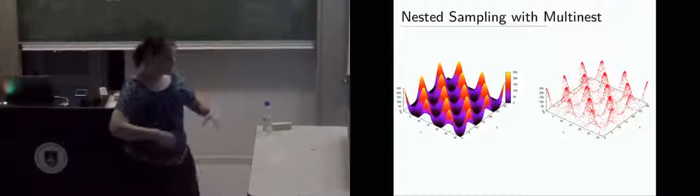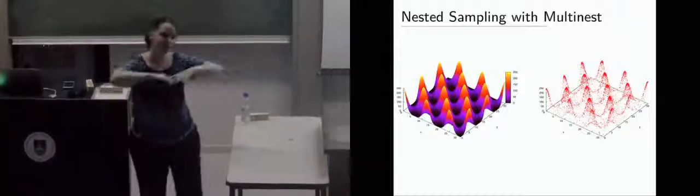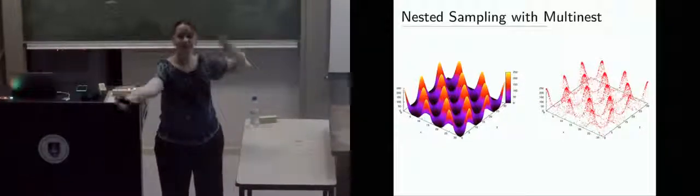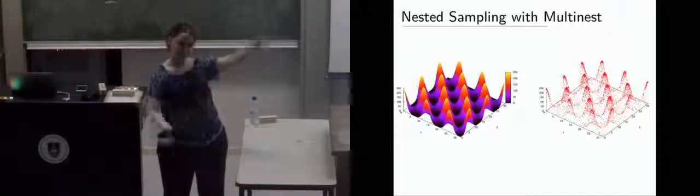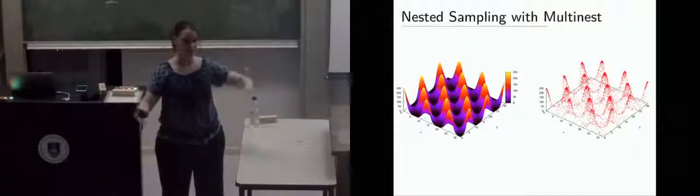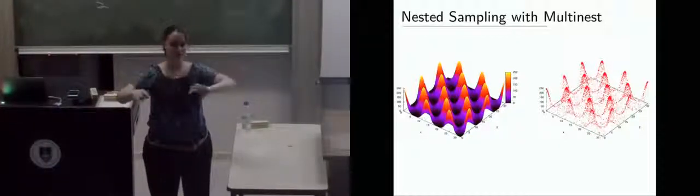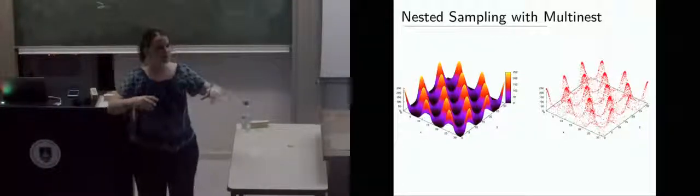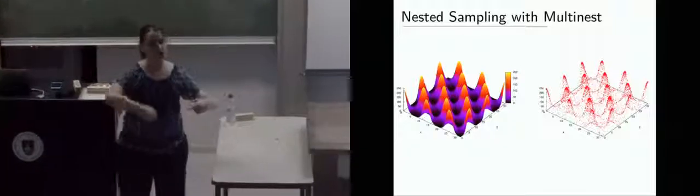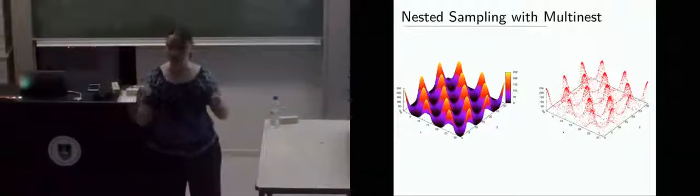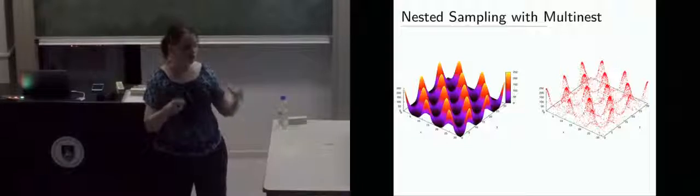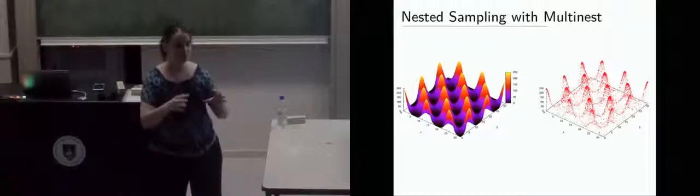But what it does is it starts with your prior. So you define some prior space. Say, I know my parameters are somewhere in this box, the best fitting ones, but I don't know where they are. You throw down a whole lot of points, and you compute the likelihood for each of those points. And then over a series of iterations, it throws away points that have low likelihoods, so aren't very close to your best fitting values, and it keeps the ones that are good.